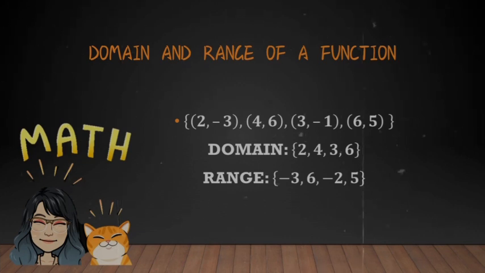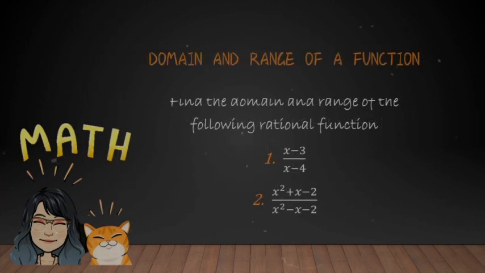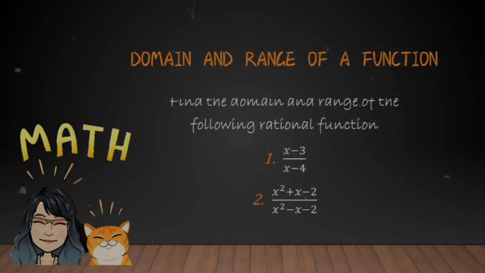Again, domain is the first element of an ordered pair, or the values of x. And for the range, the second value of an ordered pair, which is negative 3, positive 6, negative 1, and positive 5.